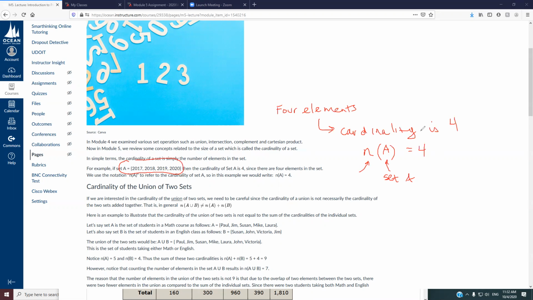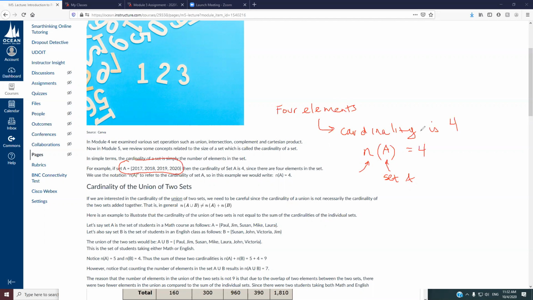All right, but besides finding just the cardinality of a set, we want to know what's the cardinality when you form the union or intersection or Cartesian product of different sets. And you might say, well, why do we want to know this idea of cardinality? How does that help us?